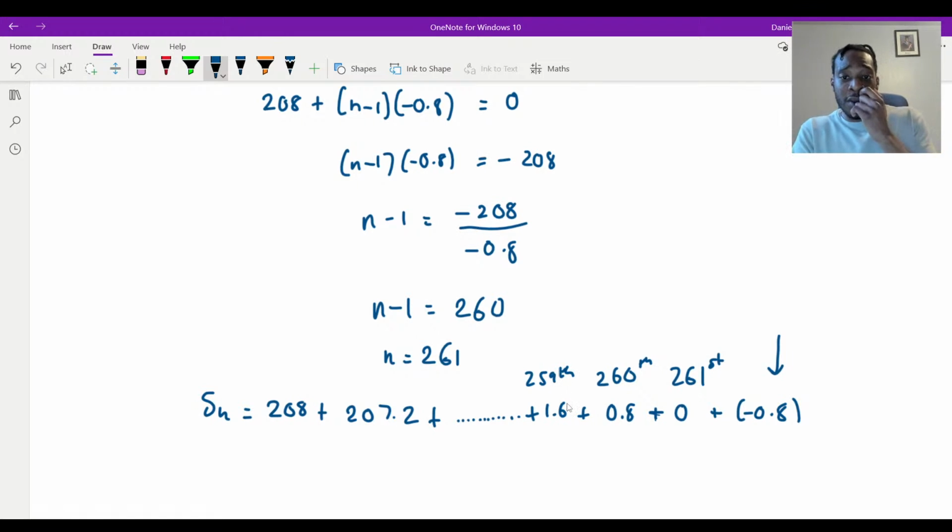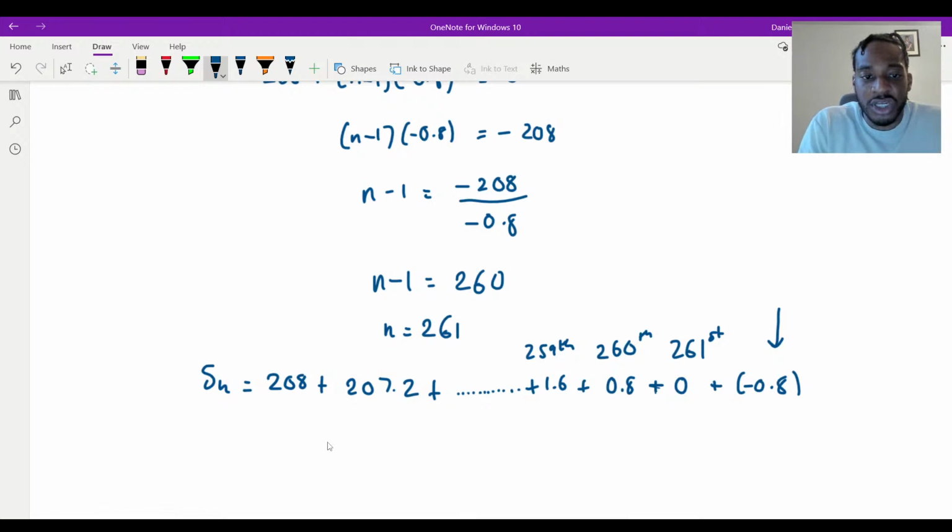So we can see that the moment I add the 262nd term, the sum is going to decrease. So what we need to do here is just do the sum of the first 261 terms. And technically speaking, the 261st term is 0, so you could actually do S260 as well. These are going to be the same thing. So we need to figure out the sum to 261 terms.